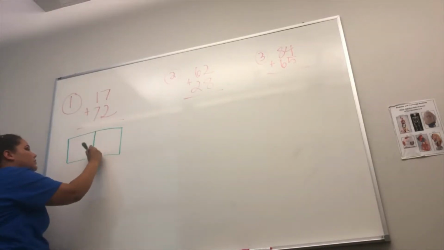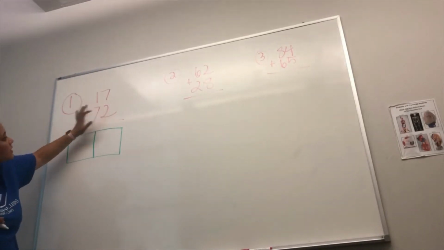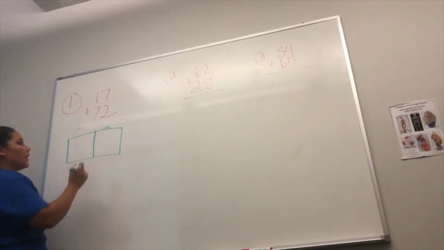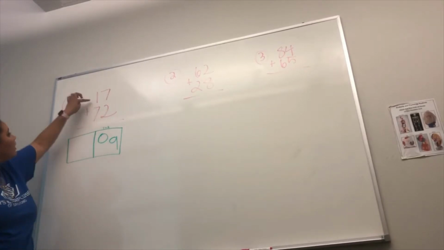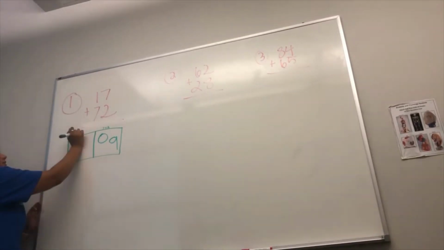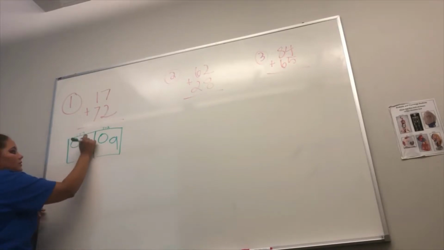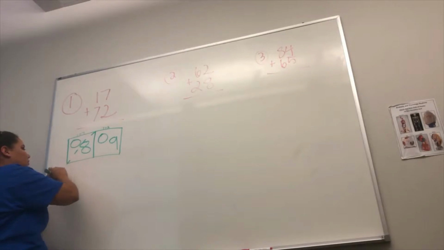We're gonna make it 2 squares, and then 7 plus 2 goes in the ones box, which is 9. So 0, 9. 1 plus 7 is 8, so 0, 8. And then we're gonna draw our diagonals.